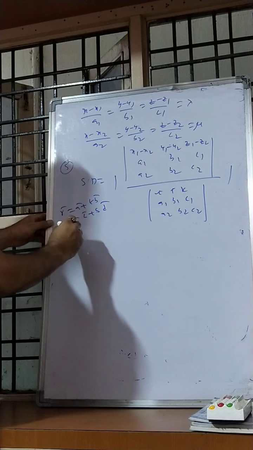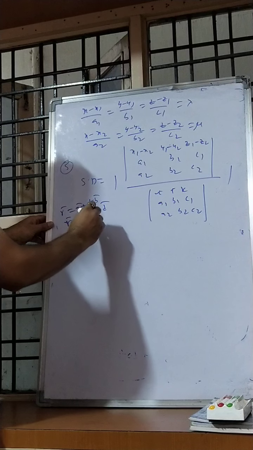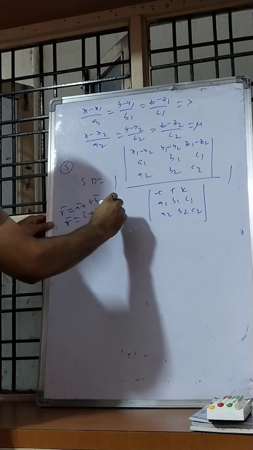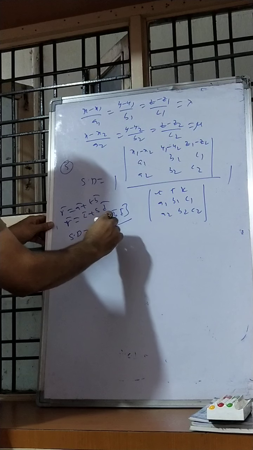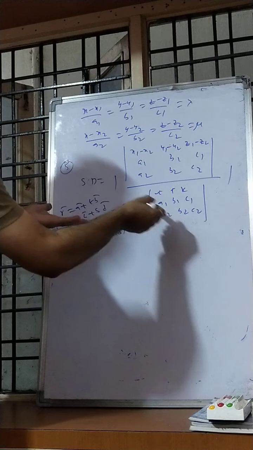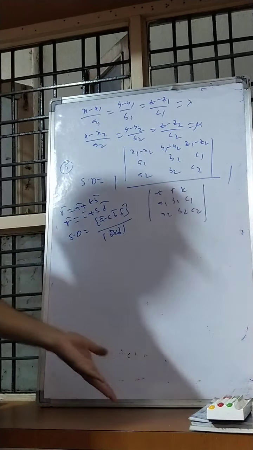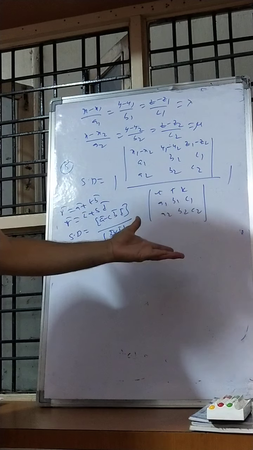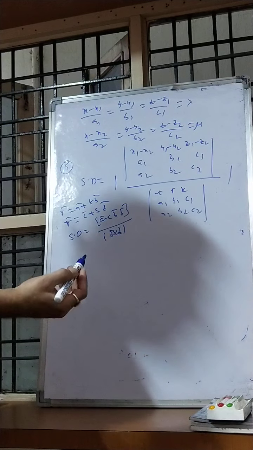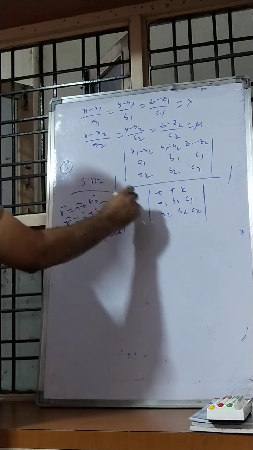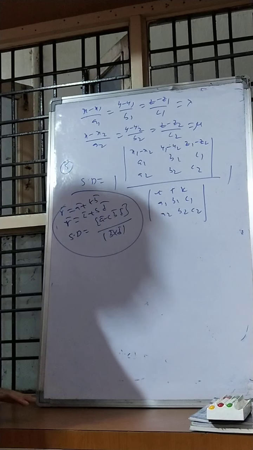If these are the lines, the shortest distance is a minus c dot b cross d box product, divided by the magnitude of b cross d. It is the same thing, I just wrote it like this. You can write it either way.